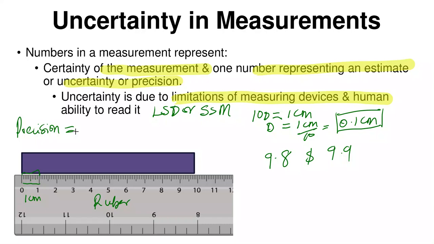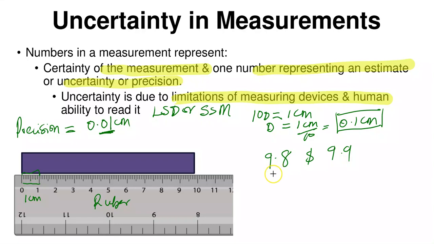Since I got the LSD to be 0.1, if I move it by one decimal place again, I get 0.01 cm. So if I want to report my measurement, it has to be in 2 decimal places.